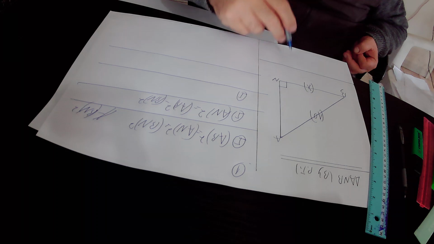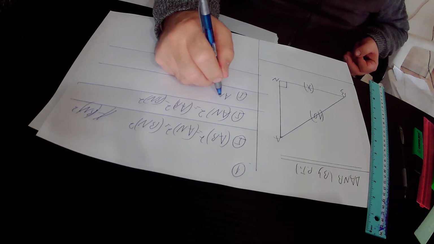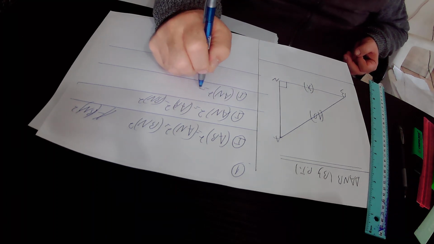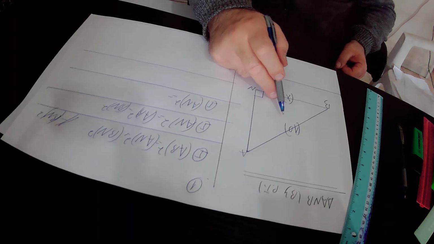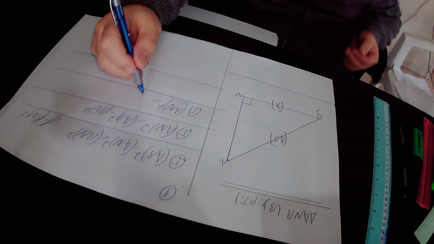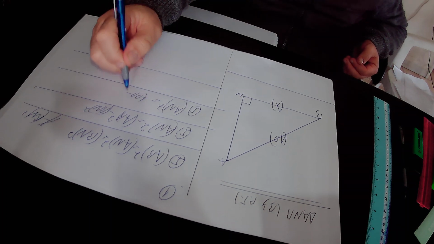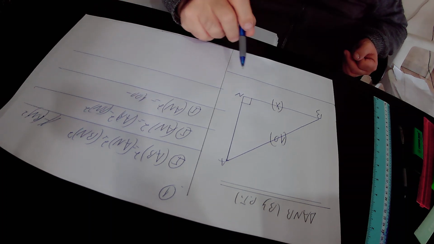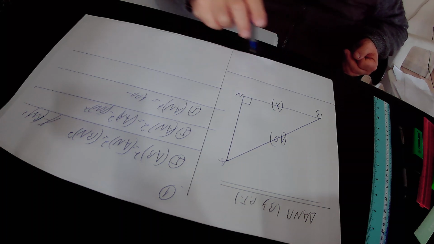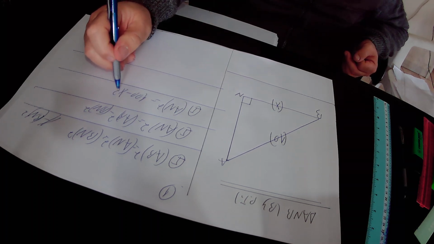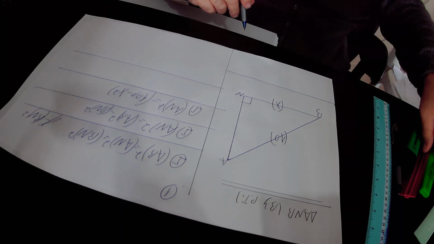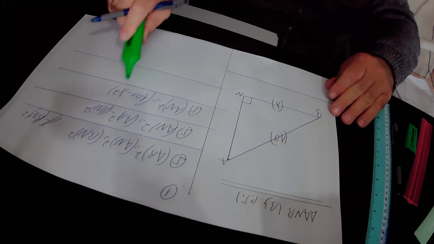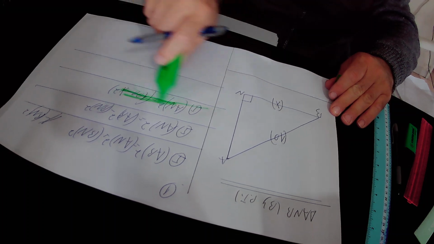AN is the missing side, so we leave it as it is, so AN squared equals AB squared. AB is 10, therefore AB squared is 10 squared. It is 100. Minus BN squared. BN is x, therefore BN squared is x squared. So in conclusion we found out that according to equation 1, AN squared equals 100 minus x squared.